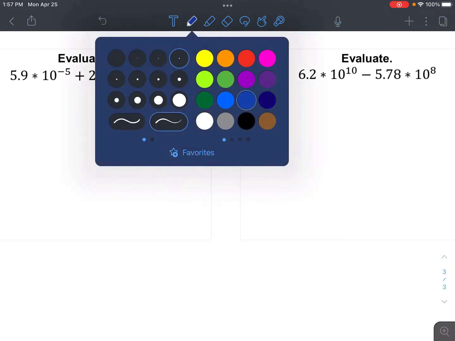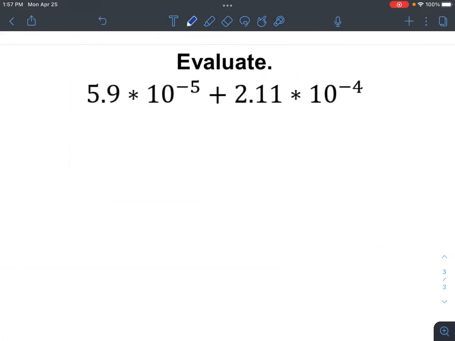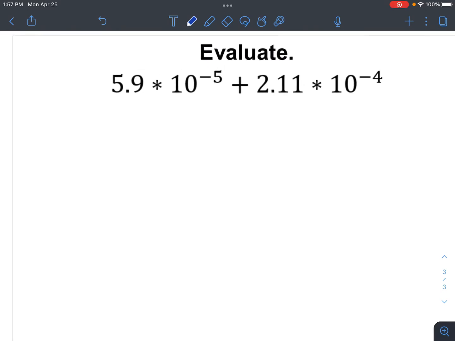All right. Okay. So for the first one, remember we need to change the exponents so that they are the larger of the two. So -4 is the larger number compared to -5. So if we cross that one off, change to -4, that had to increase, which means that 5.9 has to decrease.